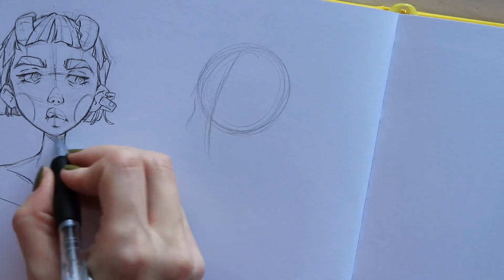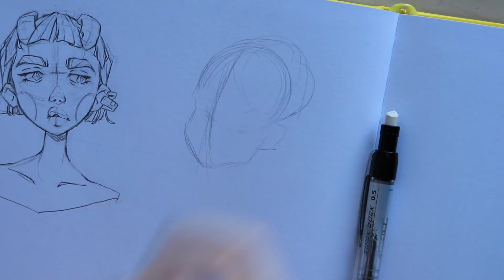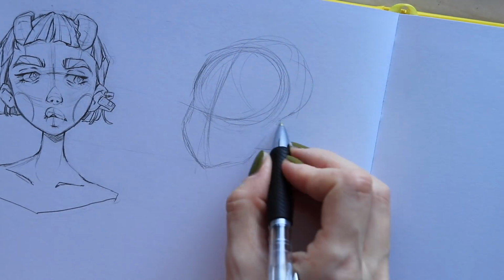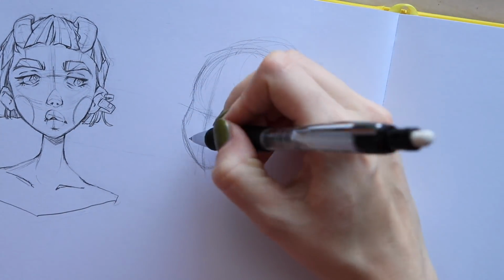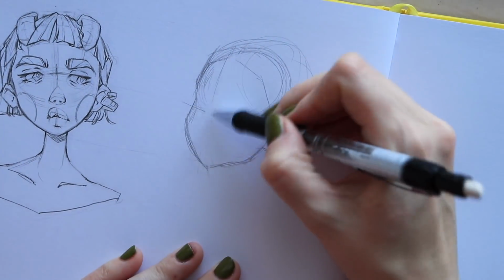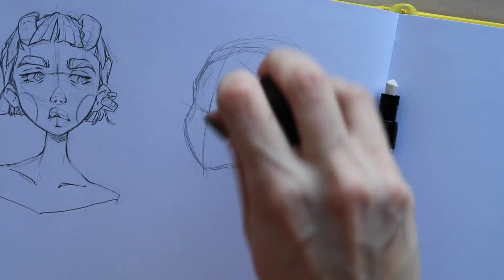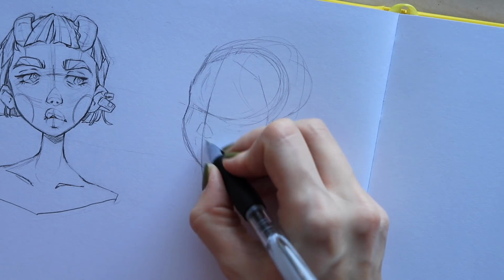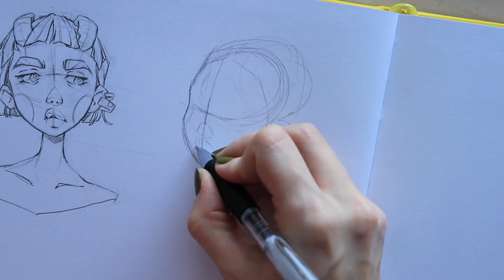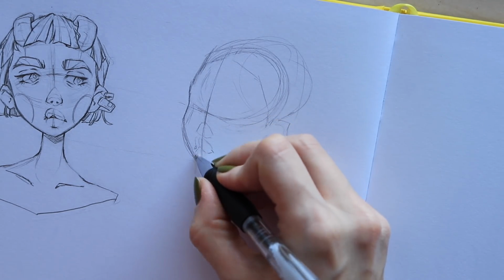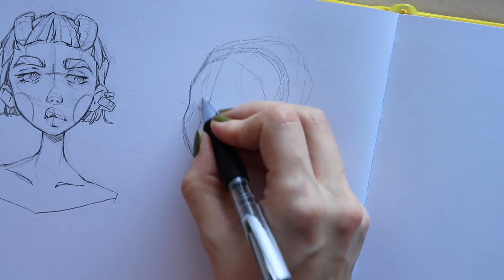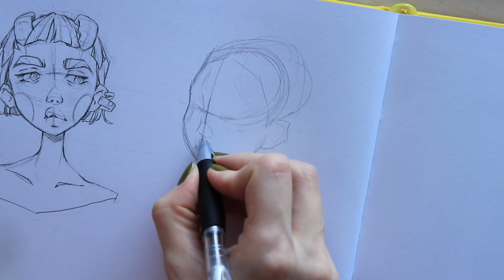And the goal with this is to find a place with your character design where all three of those things overlap. So for example, with London, in past designs that I've done of her, her outfits have demonstrated her character's traits, her expressions have demonstrated her character traits, but it hasn't necessarily reflected her environment because I always envisioned her in a semi-futuristic world, not super high tech, but definitely more futuristic than right now.